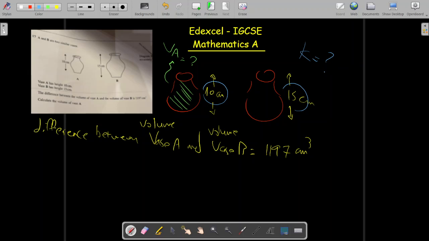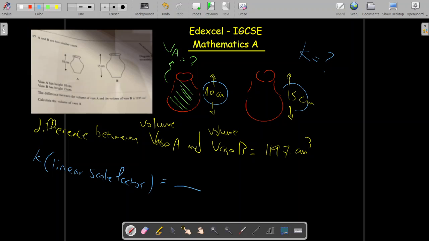K is going to be the relation between both of them. I refer to it as the linear scale factor.